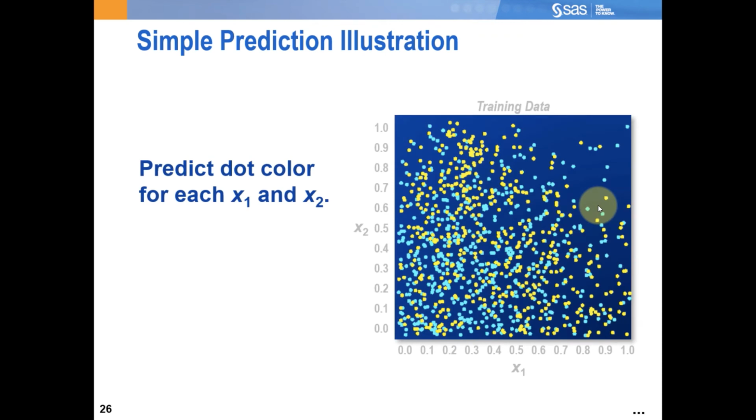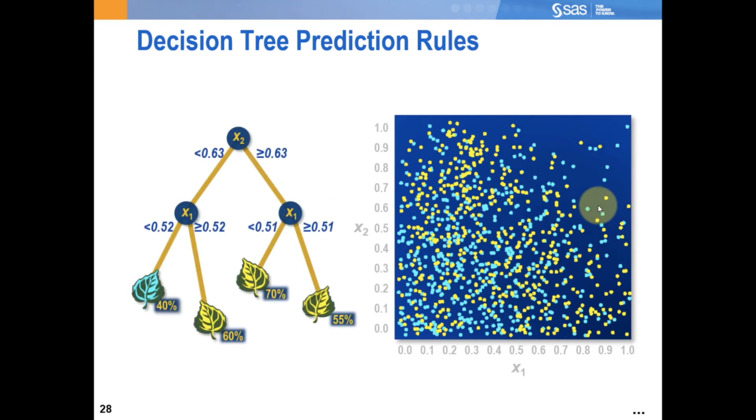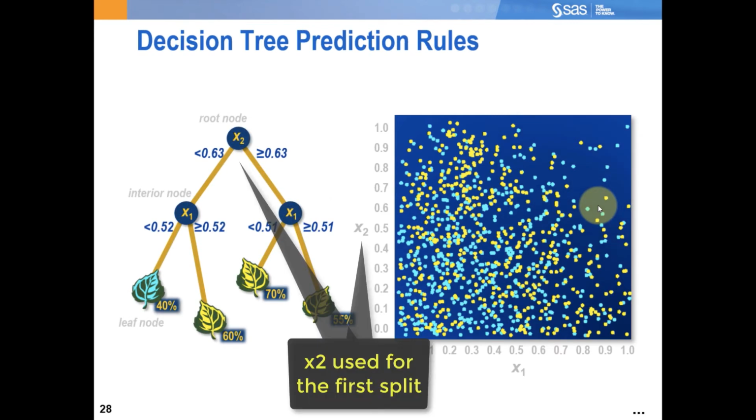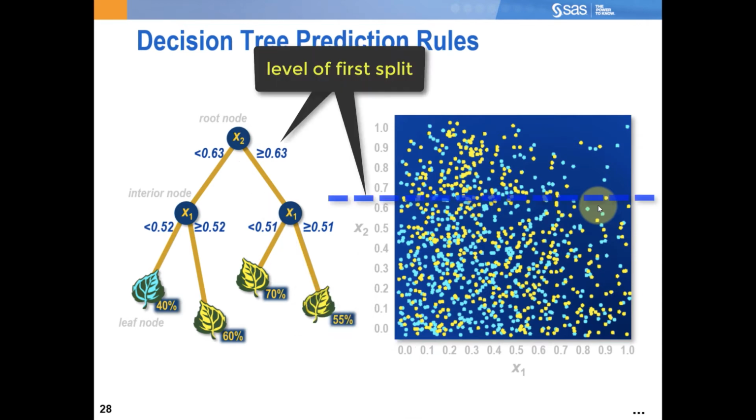There are 2 colors. x1 and x2 are two input variables. So if you do splits here, it's basically cutting areas on this plane by using rectangles. So let's say the tree has been grown, and the first split is using x2, using a level of 0.6, somewhere close to here.